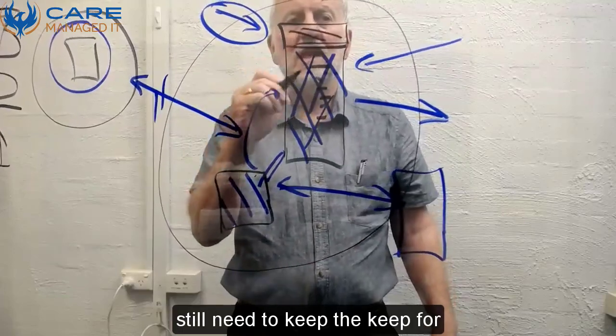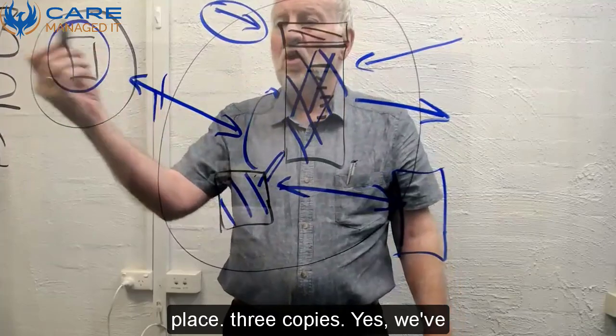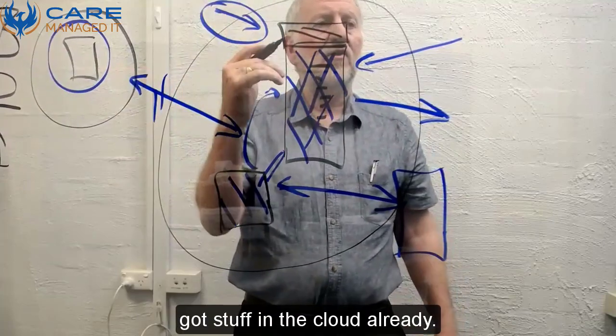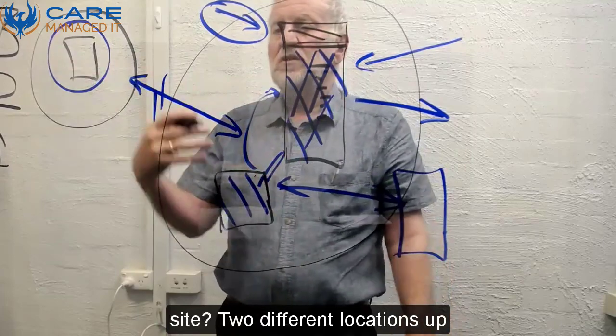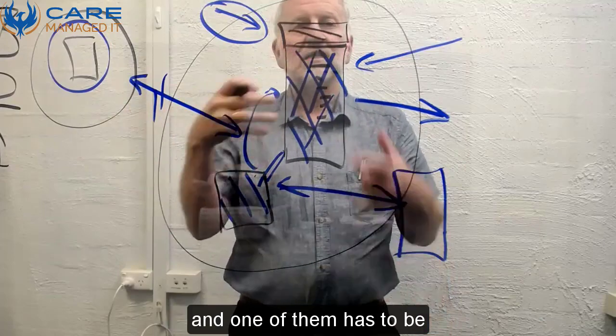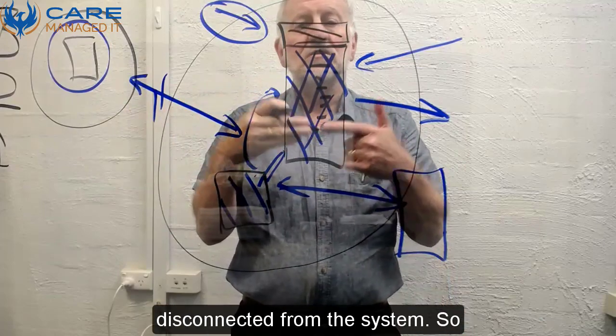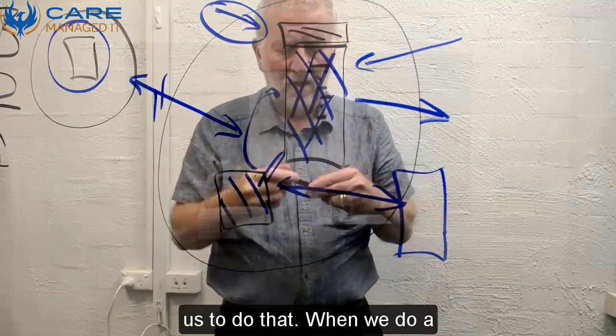We still need to keep the 3-2-1 rule in place. 3 copies. Yes, we've got stuff in the cloud already, so why haven't we got a copy on site? 2 different locations, up there and down here terrestrial, and one of them has to be disconnected from the system. So we still need those 3 components to allow us to do that.